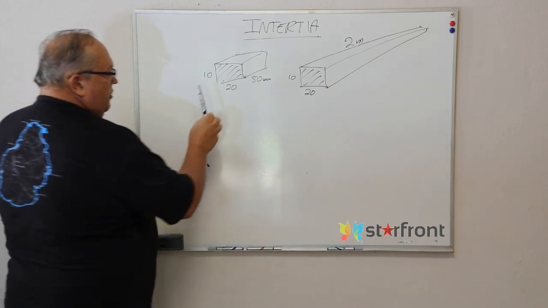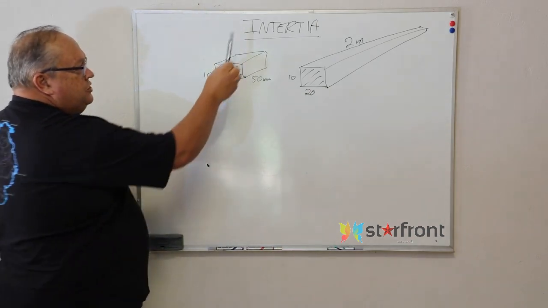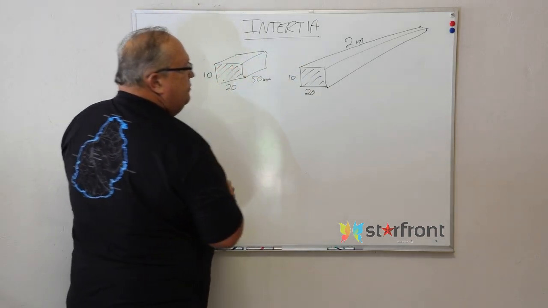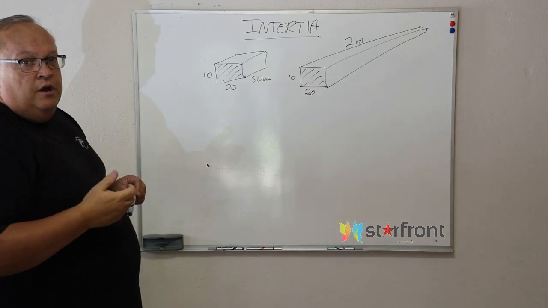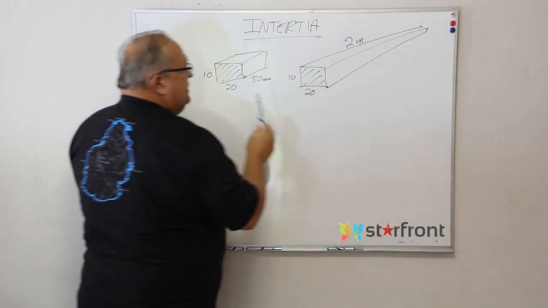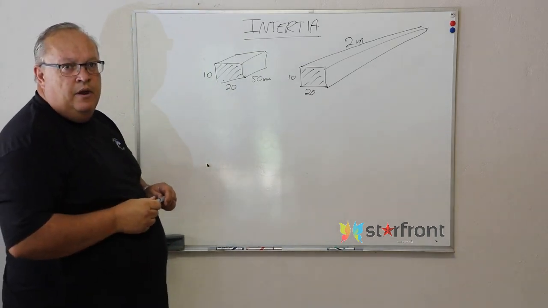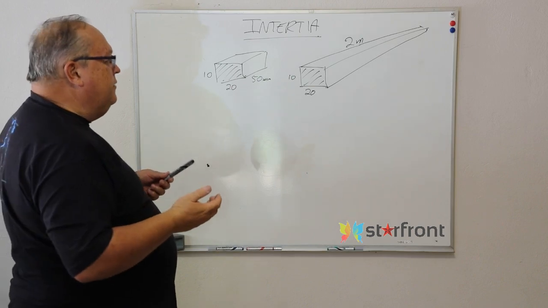Now, although the Ix value itself, or the inertia value of this particular profile does not change, the length of that profile dramatically affects the flexibility of that item. And I think we've all seen it in the aluminium industry.